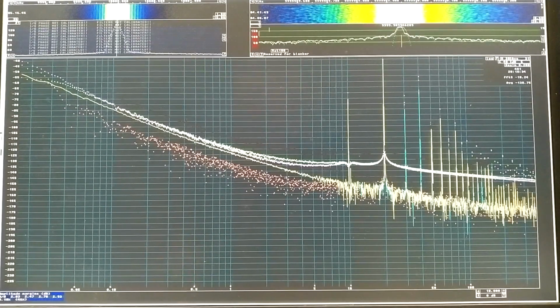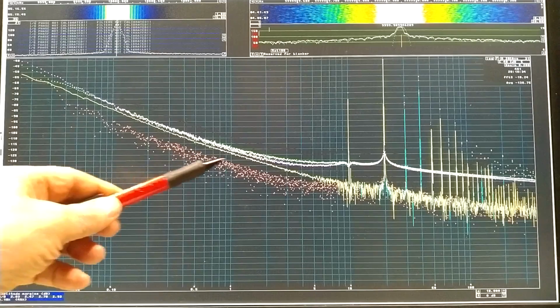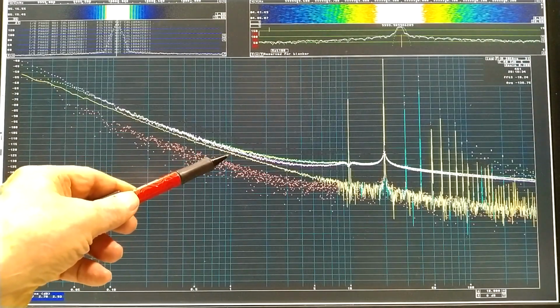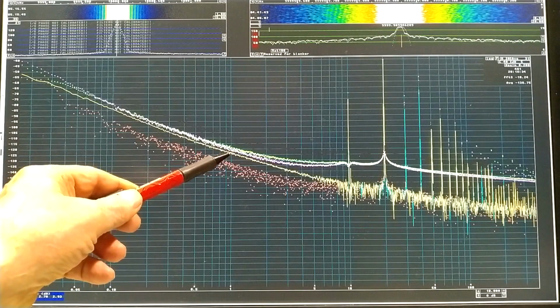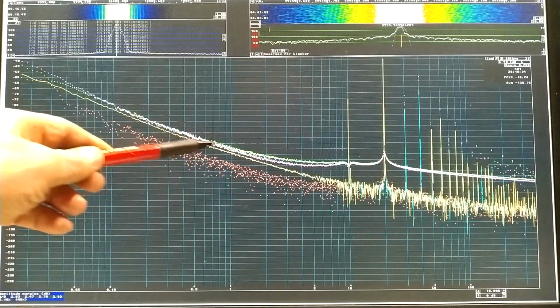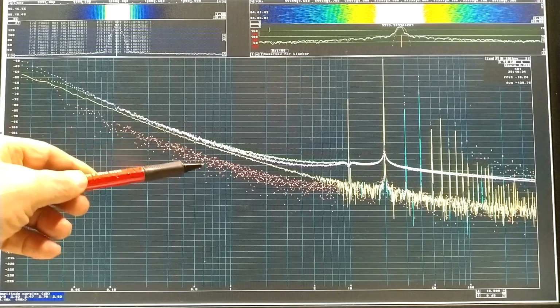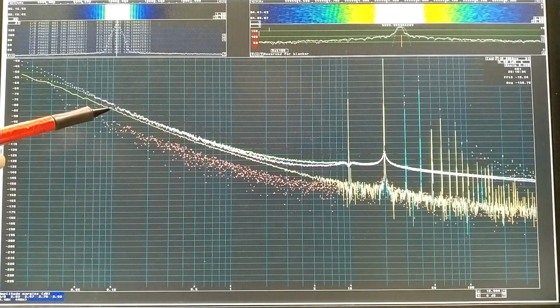Here is the correlation graph, and I can see that at 1 Hertz this differs by about 3 decibels. So it means that all 3 oscillators are the same at half a Hertz or maybe 0.1 Hertz. And there is something odd up here. The channel 2 oscillator is far more noisy than channel 1.